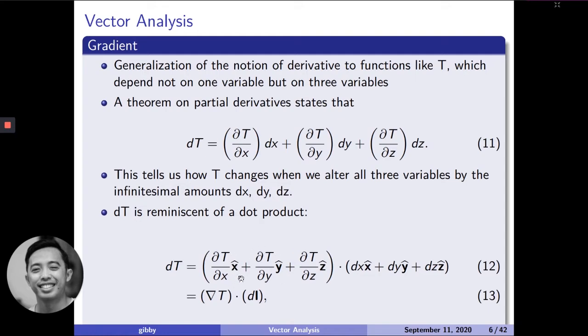We can denote this entity here as the gradient of T, or nabla, the Greek letter symbol. So this is termed the gradient of T, dotted with the small change in the displacement vector.